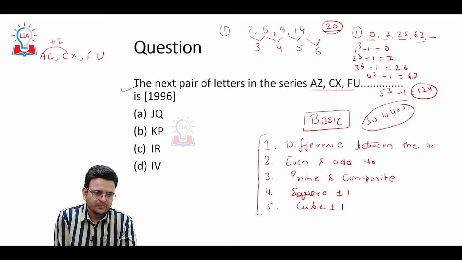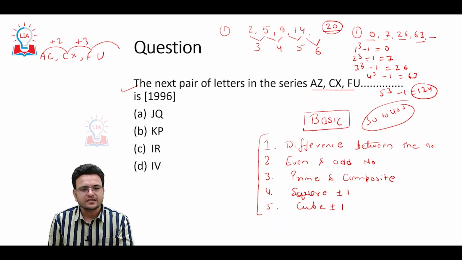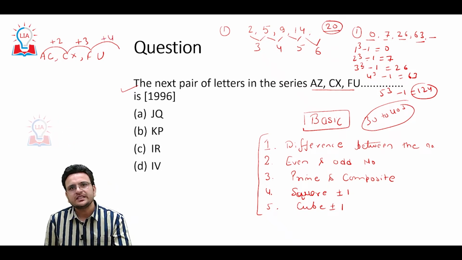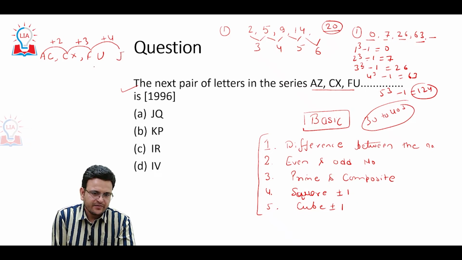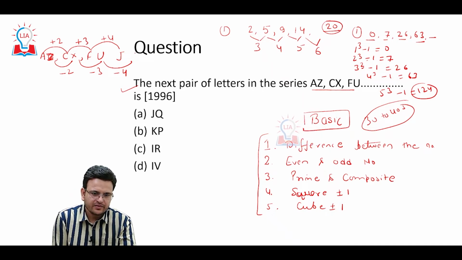A plus 2 is C, plus 3 is F, plus 4 is J. Same way, if you see here, we have Z, minus 2 is X, minus 3 is U, minus 4 is Q. So the answers will be J and Q.